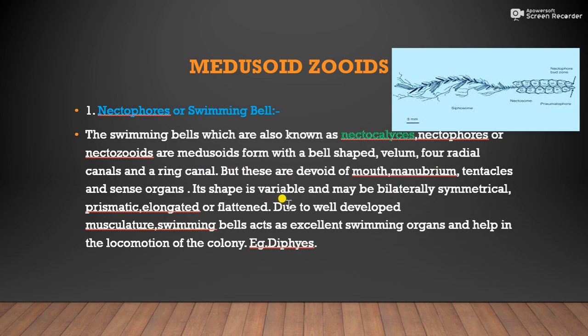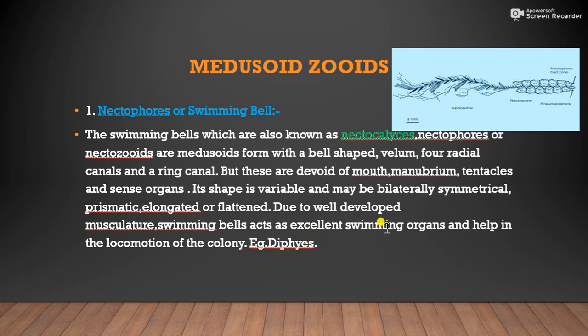Its shape is variable and may be bilaterally symmetrical, prismatic, elongated, or flattened due to well developed muscular swimming bells. They act as excellent swimming organs and help in locomotion of the colony. An example is Diphyes.